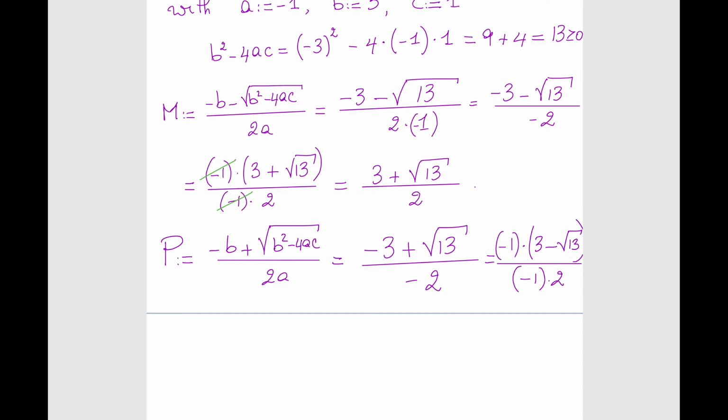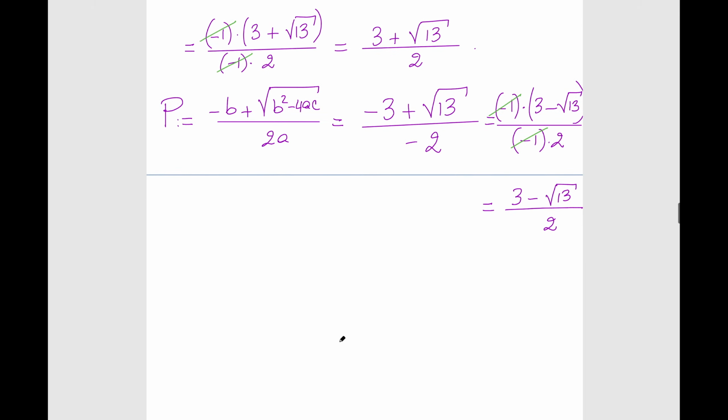All right, now -1 divided by -1 is still 1, and hence I obtain something which I anticipated, which is just that the sign is going to be changed, correct? That's exactly what happened.